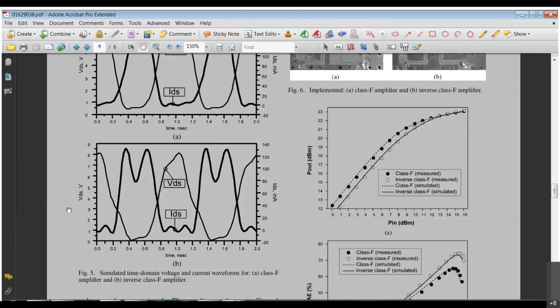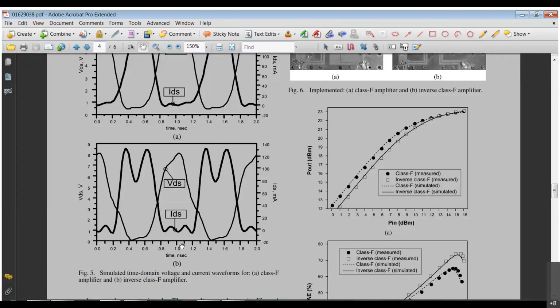If the impedances for odd harmonics are infinite, then you can claim it is class F. If the impedances are infinite for even harmonics, then it can be labeled as inverse class F. And efficiency nevertheless is going to be high for both the cases, even though the waveforms are very different from that of the ideal waveform that we have used for the analysis of those two amplifiers.